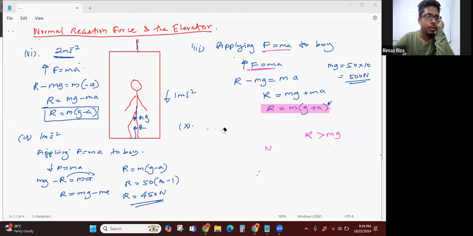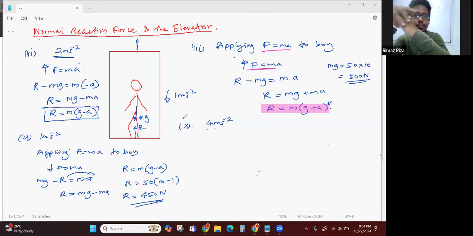The same question, but this time accelerating vertically downward, let's say at 4 meters per second squared. Is it 300 Newton? It will be 300 Newton.